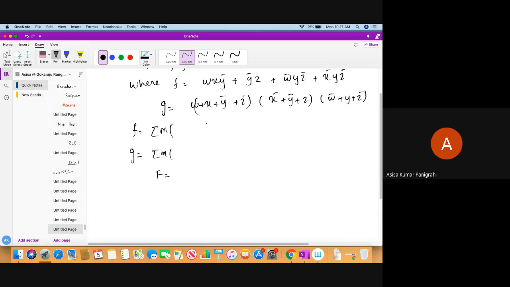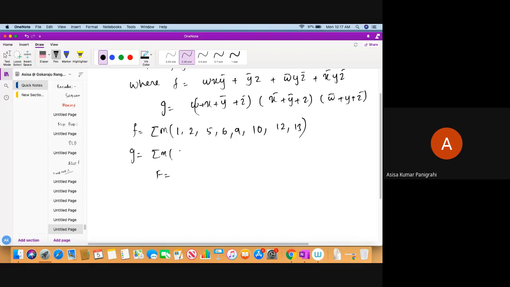Let's say we got our summation of m like this. For small f, we have got 1, 2, 5, 6, 9, 10, 12, 13.